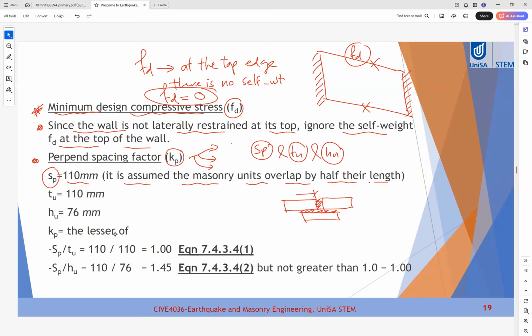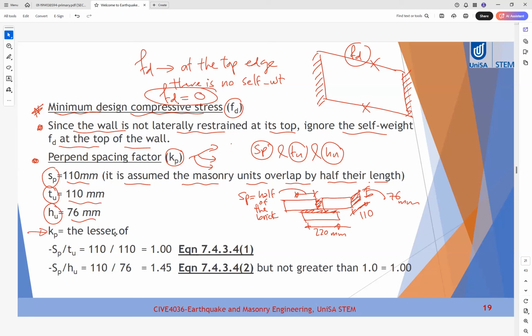SB is the overlap between two successive courses, so SB will be half of the brick length. The brick length was given as 220, so SB is 110. TU is the width of the brick, which was 110. HU is the height of the brick, which was given as 76 millimeter. So these are the three values.